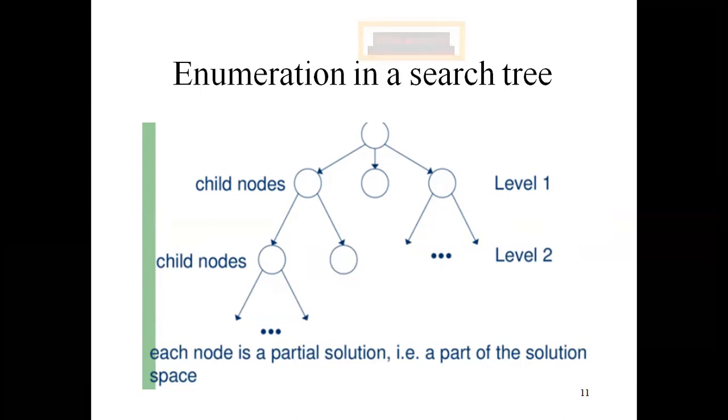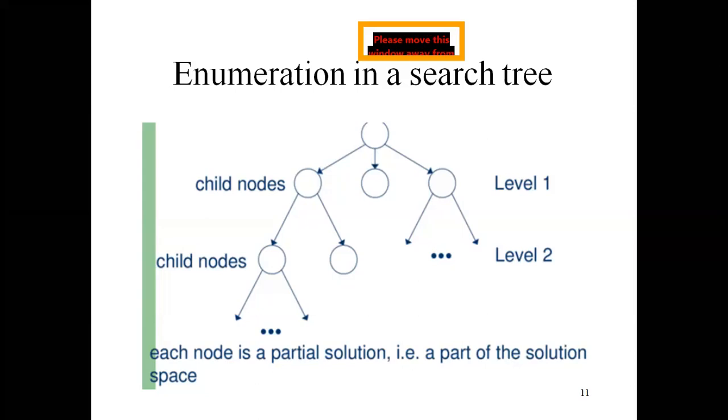So in this case, enumeration means listing out all the states. See, in this diagram, we have a state space search tree.